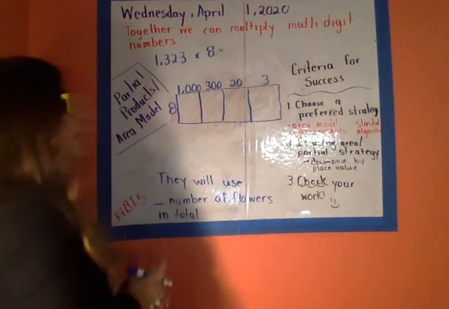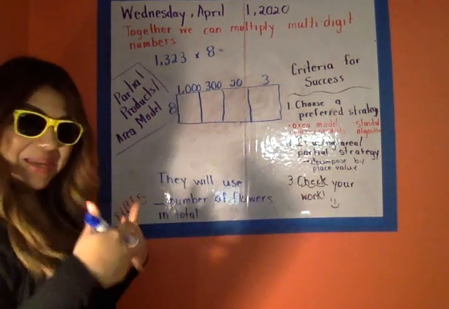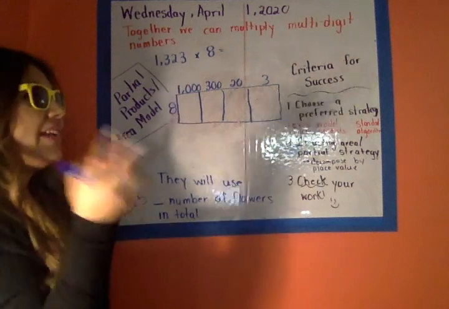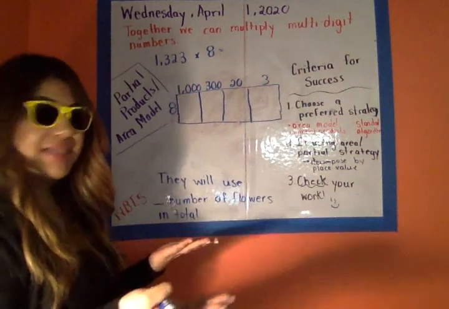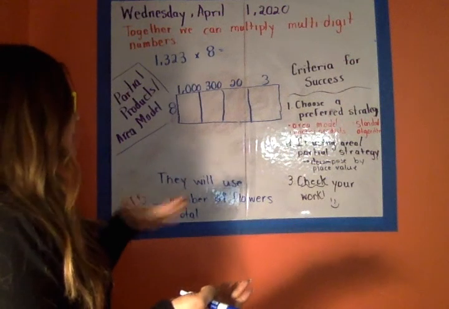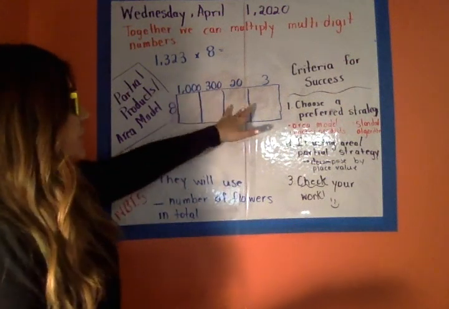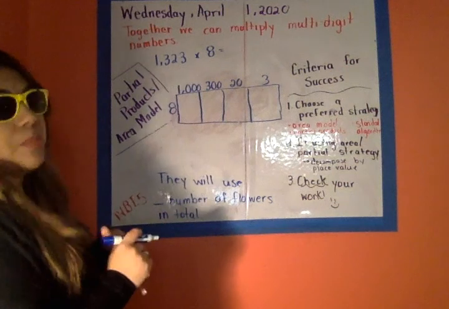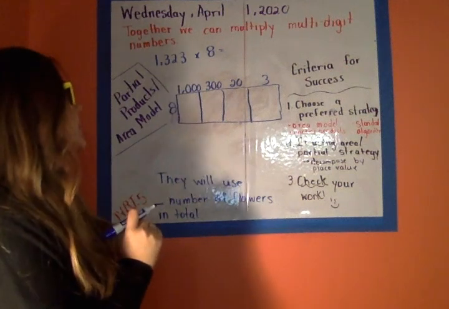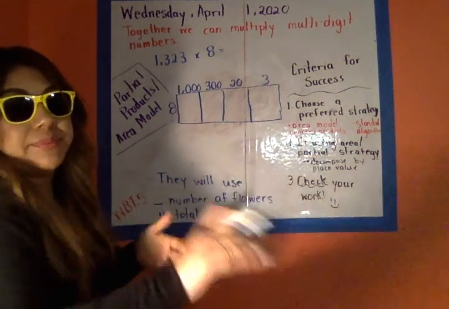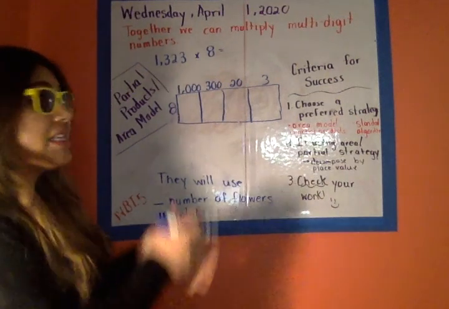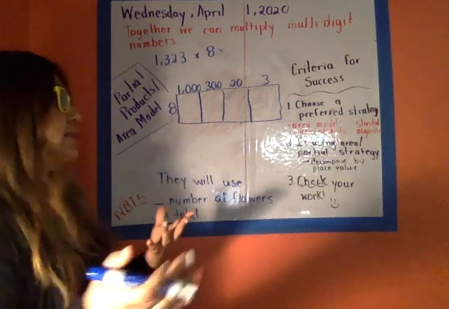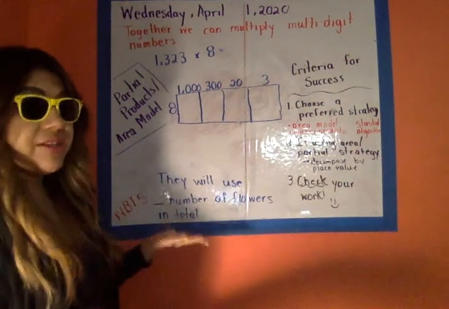Now, if you're with me, right, I need you guys to refresh your memories and think, what might I have to do next? My area model is set up. What information goes inside each box in our area model or partial product model? Yep. So what we're going to now do is partially solve for our products. That is why we also call this the partial product strategy.